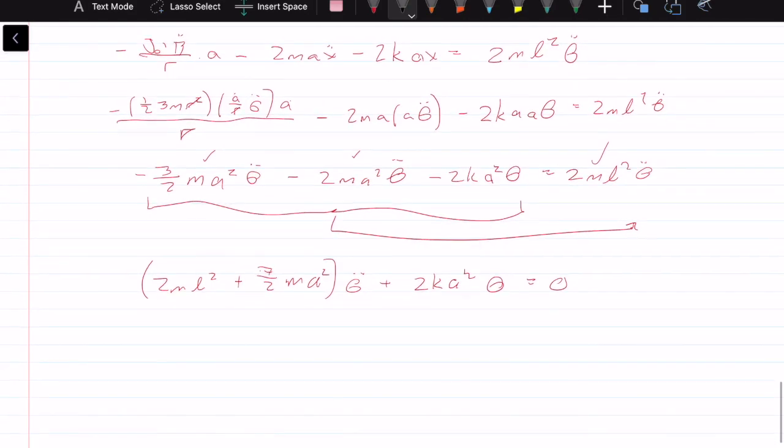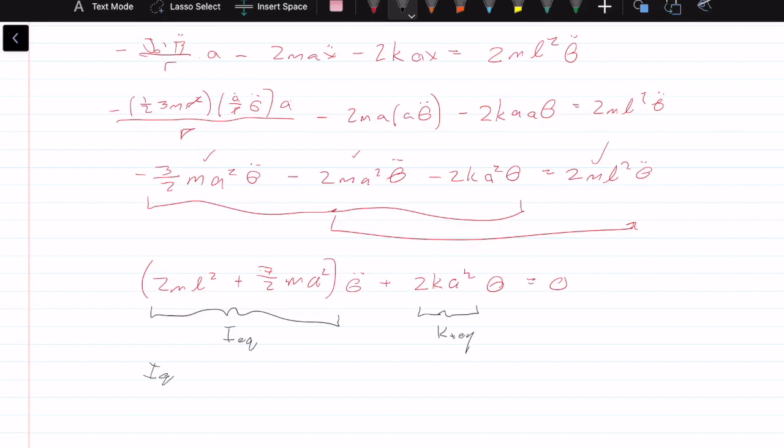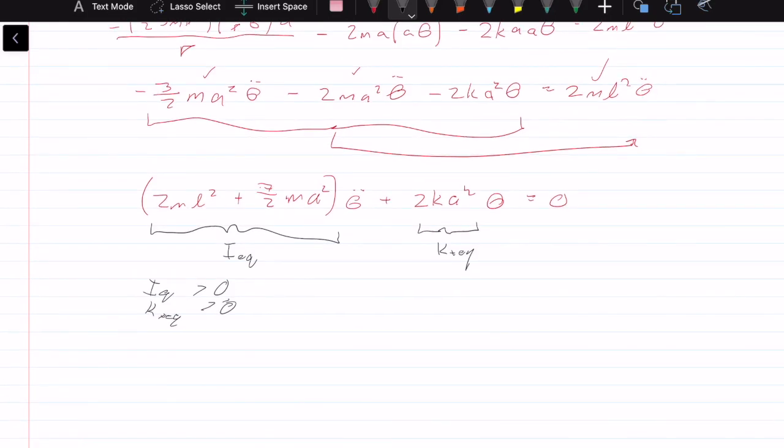So that's about it. This is our I equivalent, and this is our kt equivalent. Let us do a check quickly. I equivalent is greater than 0, kt equivalent is greater than 0, so those two are already fine. Now let's do a units check.